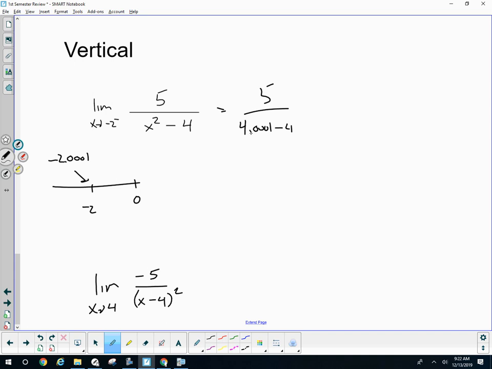I'm just going to write it as 4.001 because this value times itself, boom. If I subtract 4 from 4.001, I'm going to get a number very, very close to 0, but it's going to be positive. If I have a number divided by something very, very infinitely small and positive, this is going to be infinitely large and positive. So this would be approaching positive infinity to the left of -2.